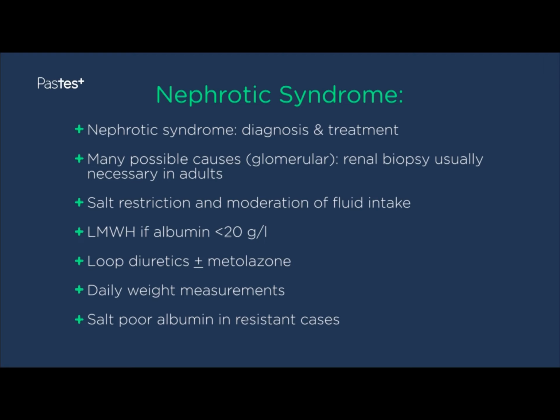To control edema, we use loop diuretics, sometimes with a thiazide diuretic, notably metolazone in combination, which enhances the diuresis. The patient should have their weight measured on a daily basis, and we do sometimes see very resistant cases of nephrotic syndrome that actually require some salt-poor albumin infused into their circulation in order to then achieve the diuresis.